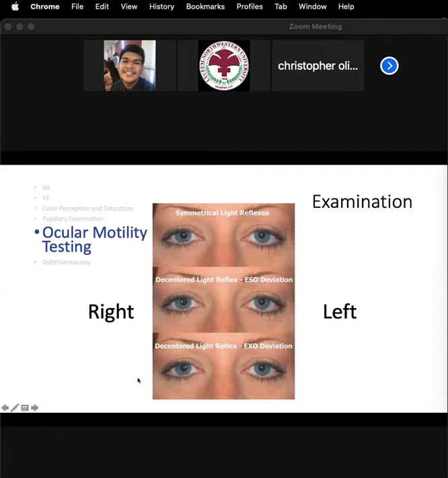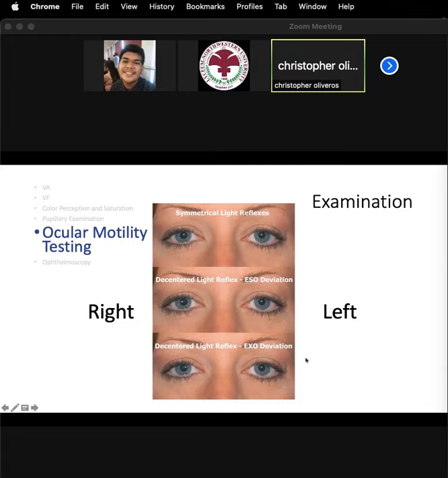Doc, is it the left eye? Yes, there is deviation. Okay, Miss Amulia Vana is present. Yes, Doc. Okay, so how about you, ma'am?